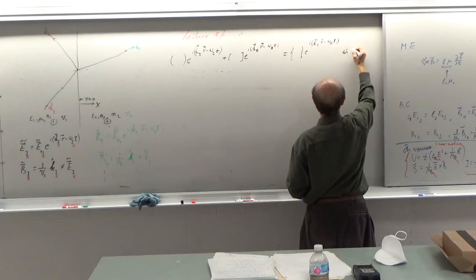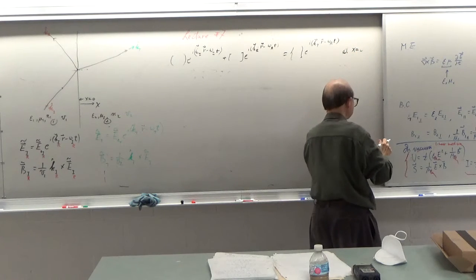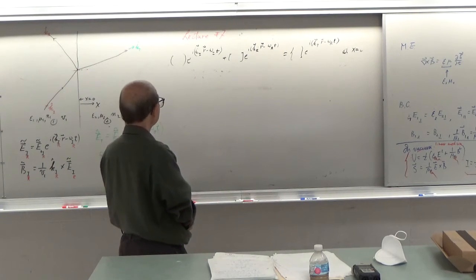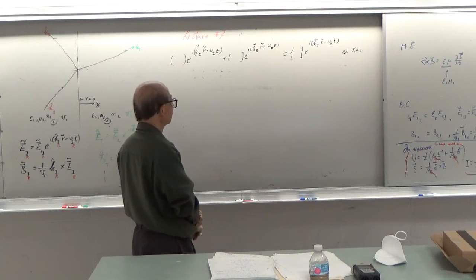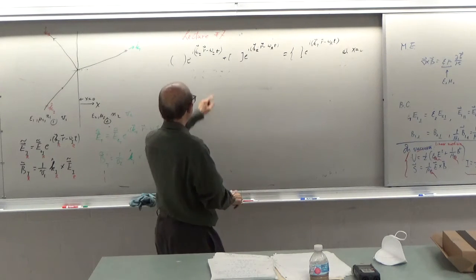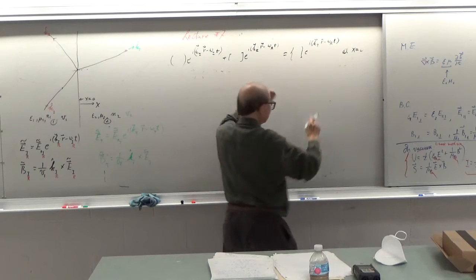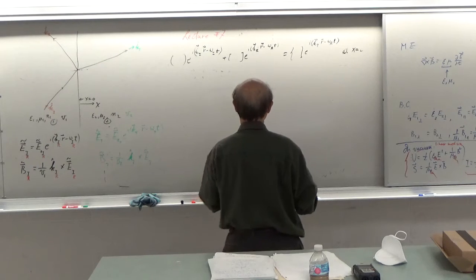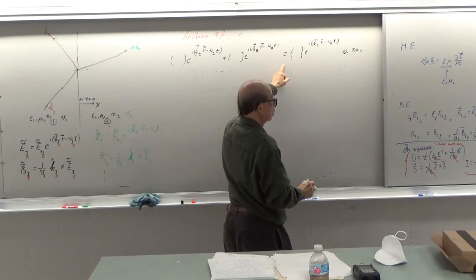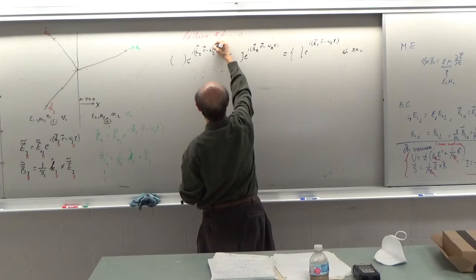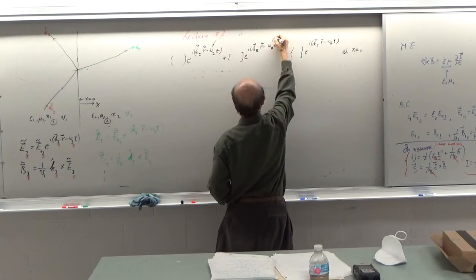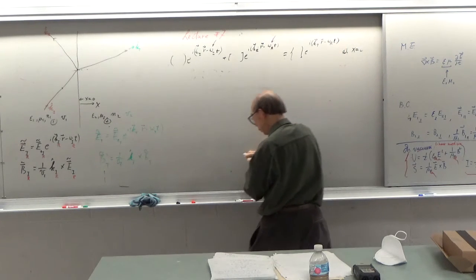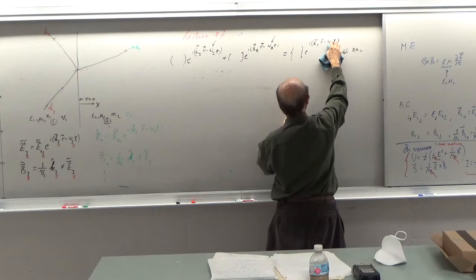Right away, we notice that the only dependence on t appears here, here, and here. And they're supposed to be applicable for all time. So the only way that this equality holds would be for omega_i to be equal to omega_r to be equal to omega_t, the transmitted one.